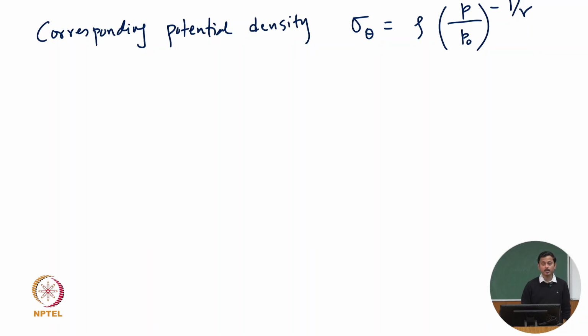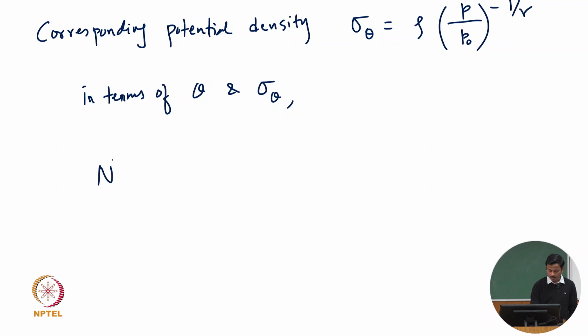So the symbol for potential density, I am representing it as rho theta. So in terms of theta and rho theta, the Brunt-Väisälä frequency squared, this N squared, can be represented as minus g by sigma theta, d sigma theta by dz.